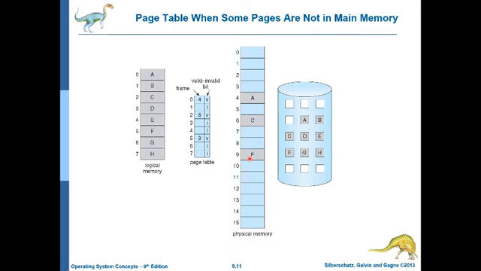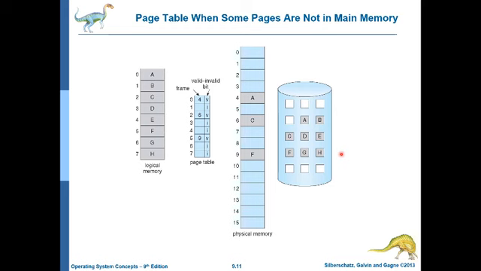And finally you have this backing store, from which you load these pages initially. You can see that the process is loaded from the backing store, so the backing store has all those pages from A to H, and a copy of these pages is loaded into the physical memory.